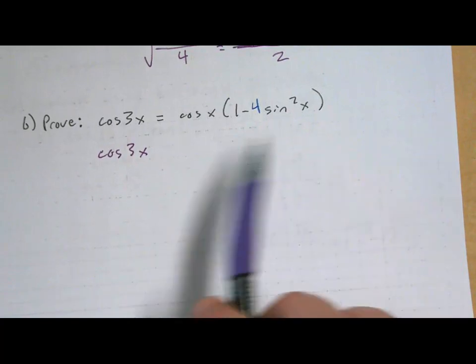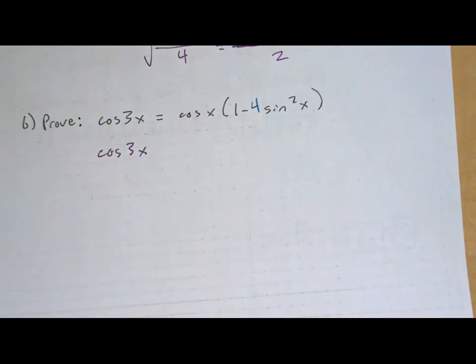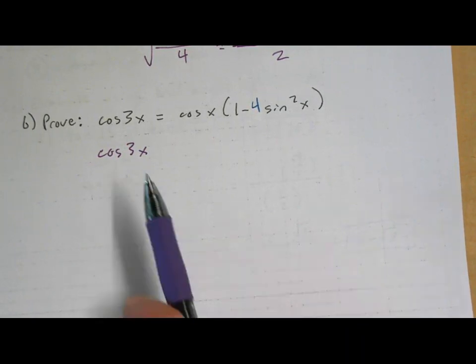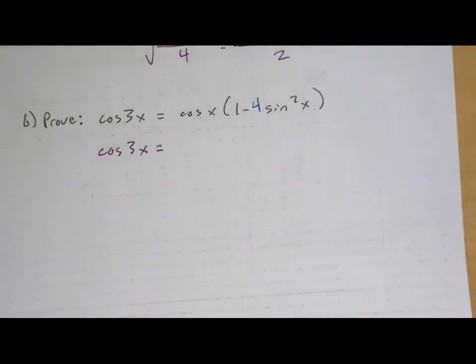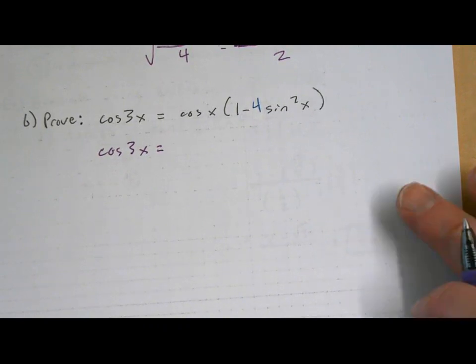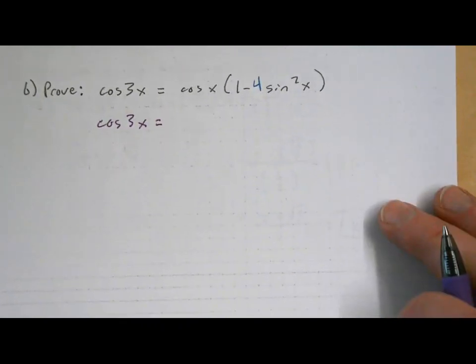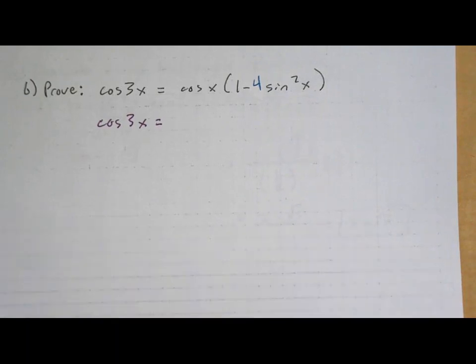This is kind of a big old mess over here, but this is more complicated. All right, give it a shot. I'm going to put a helpful hint on the screen, but if you're trying to do this on your own, just resist the urge to look up here.